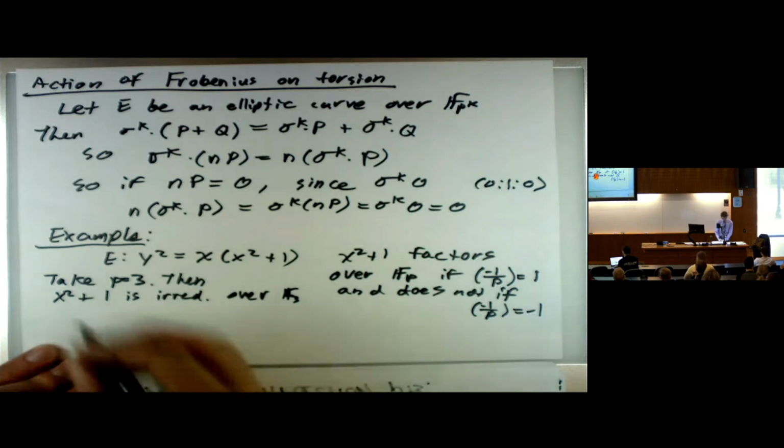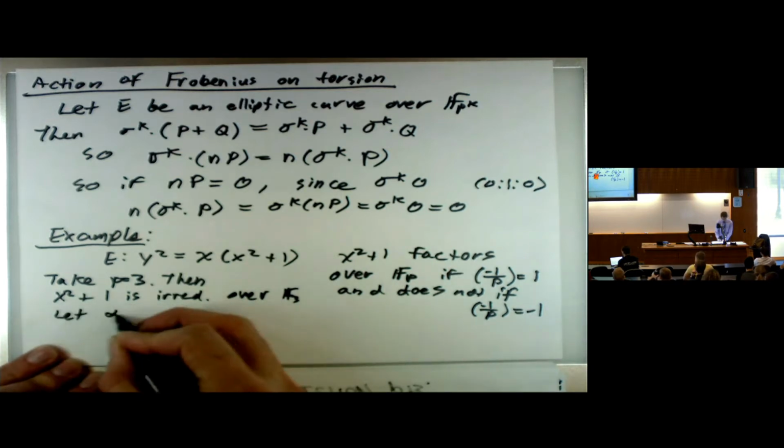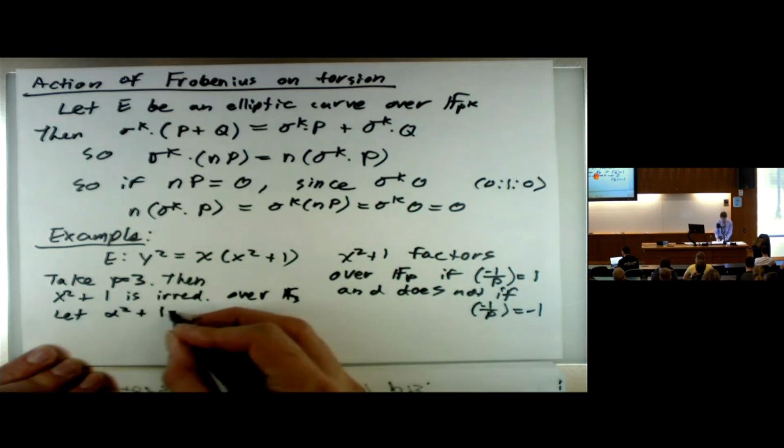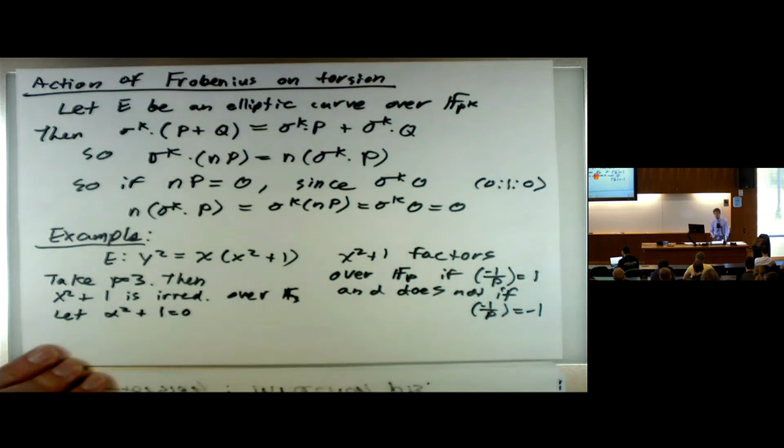So let alpha squared plus 1 equals 0. That gives a very nice simple x-coordinate to use for our 2-torsion point. And we know that the y-coordinate is 0.